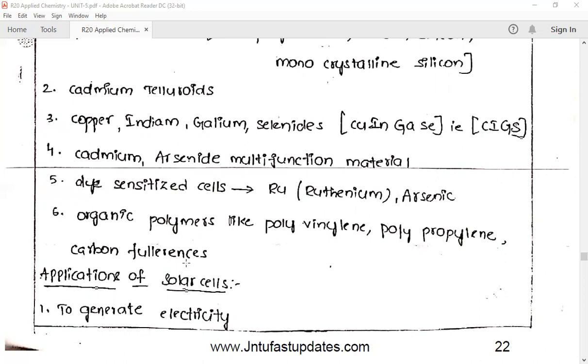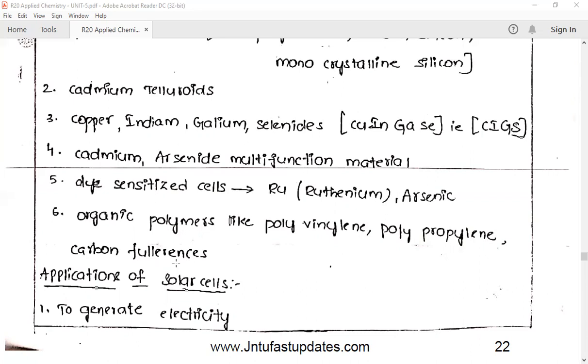Quantum dot solar cells are also used as a material, which are based on the Gratzel cell or dye-sensitized solar cell. The quantum dots used are cadmium sulfide, cadmium selenide, lead sulfide, etc.